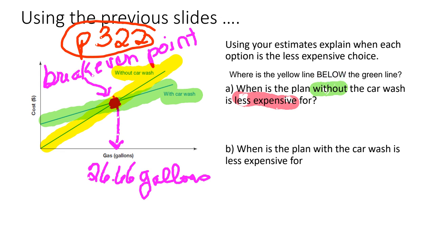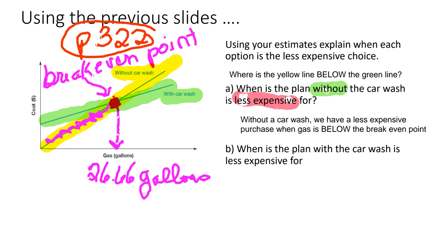Take a look. It happens to be right down here, which means the answer to this question is: without a car wash, we have a less expensive purchase when gas is below the break-even point.